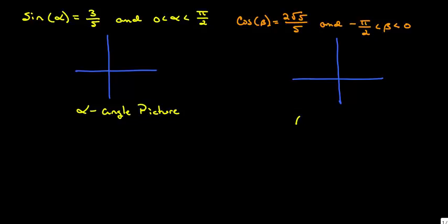And this one over here is going to be the beta angle picture. So up top here, I have an angle that's between 0 and pi over 2. So let's draw that in.